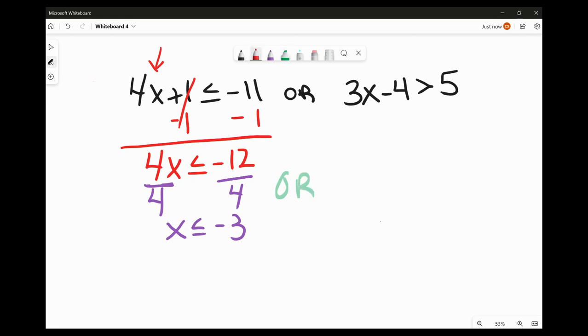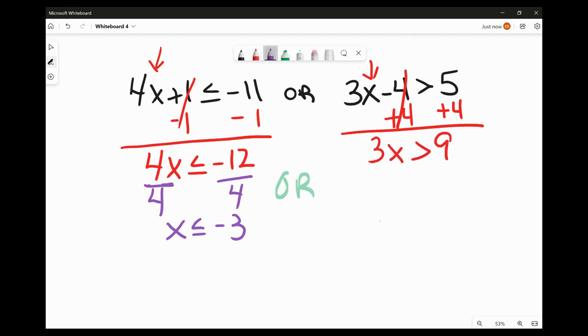Now moving on to the other side. I have 3x minus 4 is greater than 5. So I need to get the x alone. And so I'm subtracting 4; the opposite would be adding 4. Notice I'm always getting rid of what I call the lonely guy, the one that's not attached to the variable. I always get rid of that one first. And so that cancels out. I'm left with 3x is greater than 9.